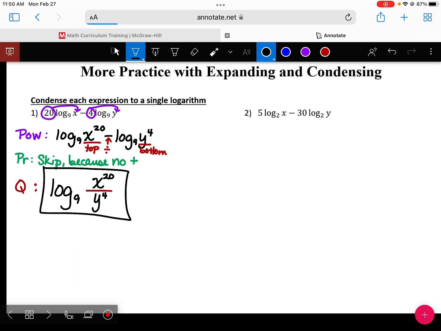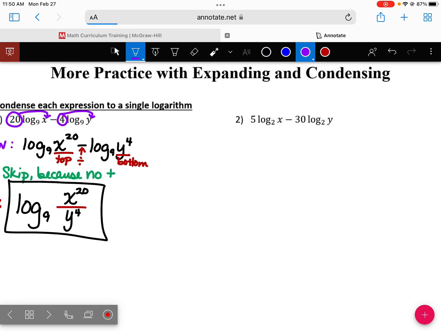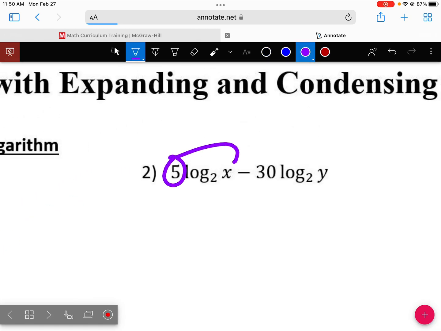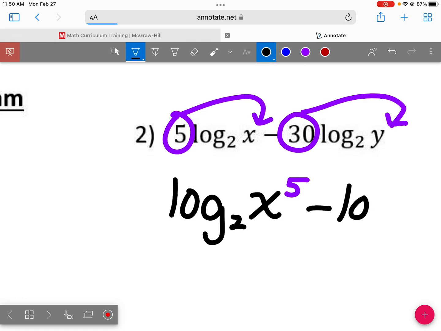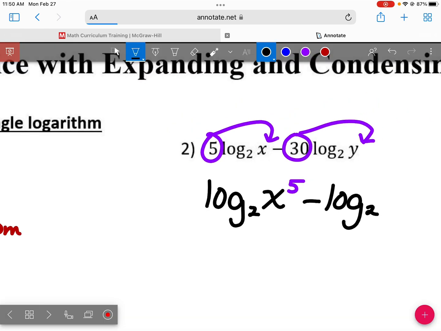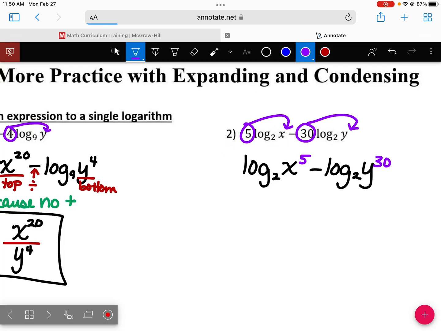What about number 2? Power and quotient. I'm going to have x to the 5th and y to the 30th. We get to skip product because there's no addition.